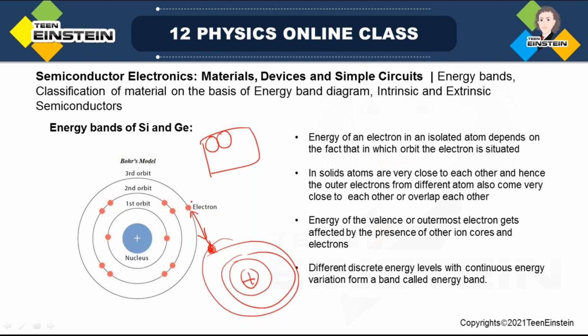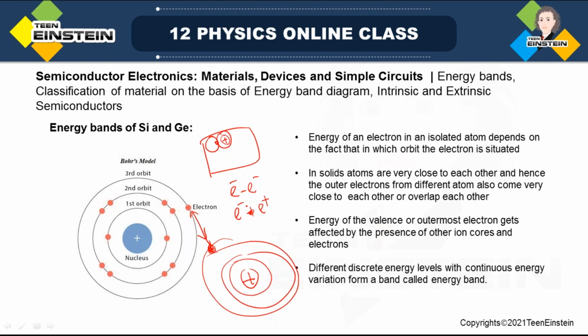Not only that, since the atoms are very close to each other, the electron can interact with the ion cores also, the positive ion cores nearby. So you have electron-electron interaction, and you have electron and nucleus interaction.